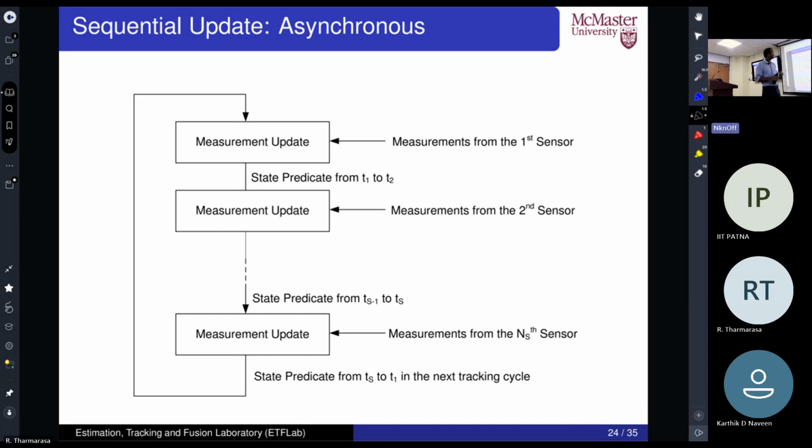In the sequential update, what we do is we update the track with that sensor, predict from T1. This is asynchronous, sorry, asynchronous, not synchronous, right? So we predict from T1 to T2. Sometimes this could be the same, so it could be 0, right? Predict there, update, and so on. We continue. Okay.